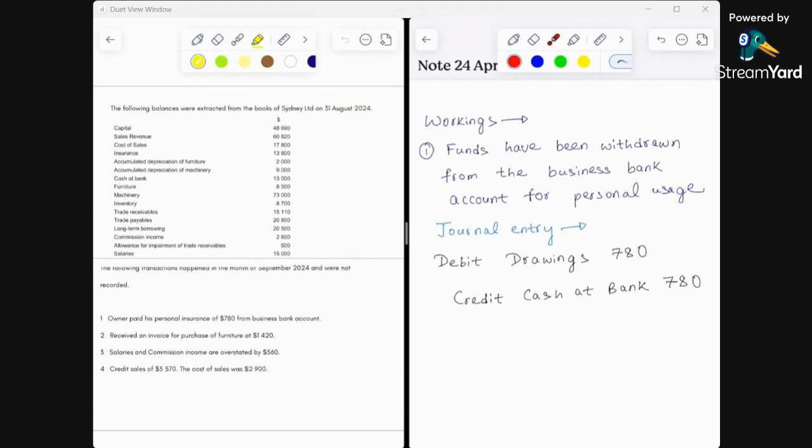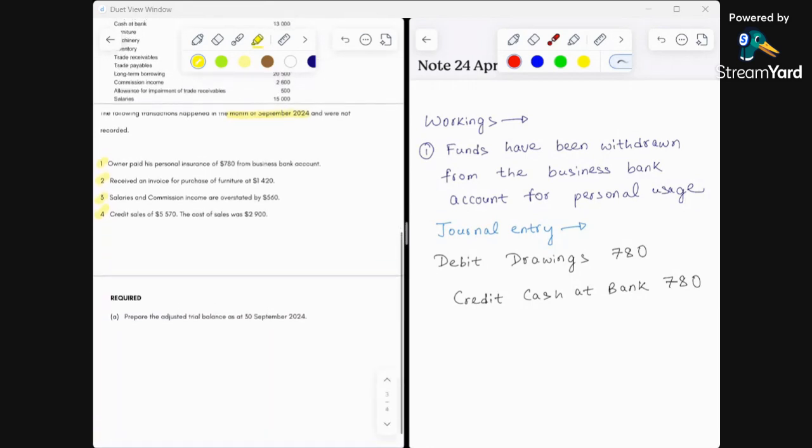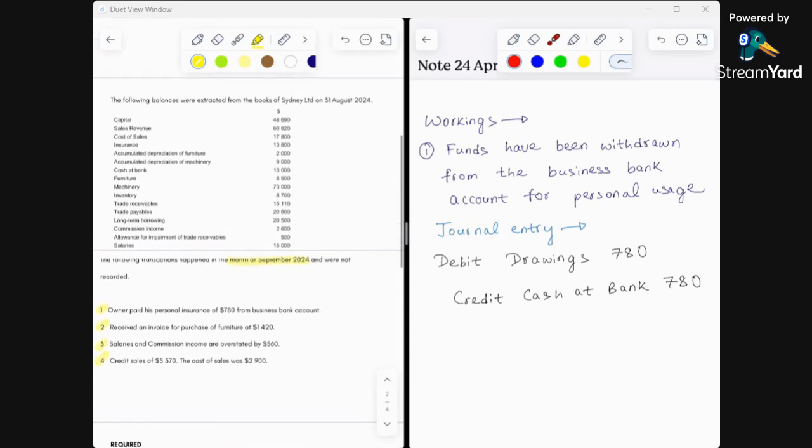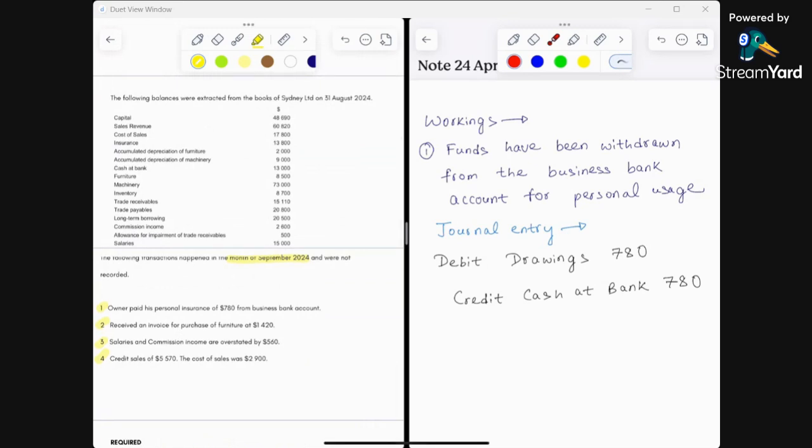So here we have got four transactions which took place in the month of September 2024 and we forgot to record them. All right. Now, the requirement in this question is to make sure that everything is recorded and we present them in an adjusted trial balance as of 30 September 2024. Okay. So what we have to do now is look into the workings on the right hand side.